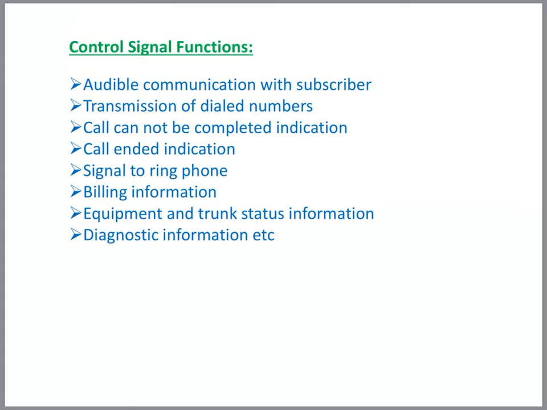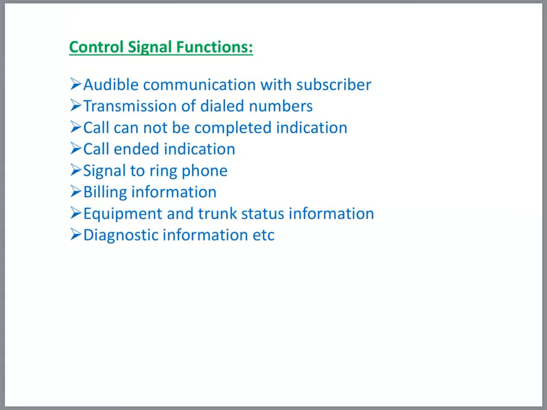So there are several features of control signal functions. What are the purposes of these kinds of signals? Number one is audible communication with the subscriber. The subscriber comes to know whether a particular channel is engaged through dial tone, some beeping sound, etc. Transmission of dial numbers. The subscriber dials the numbers by DTMF tones.